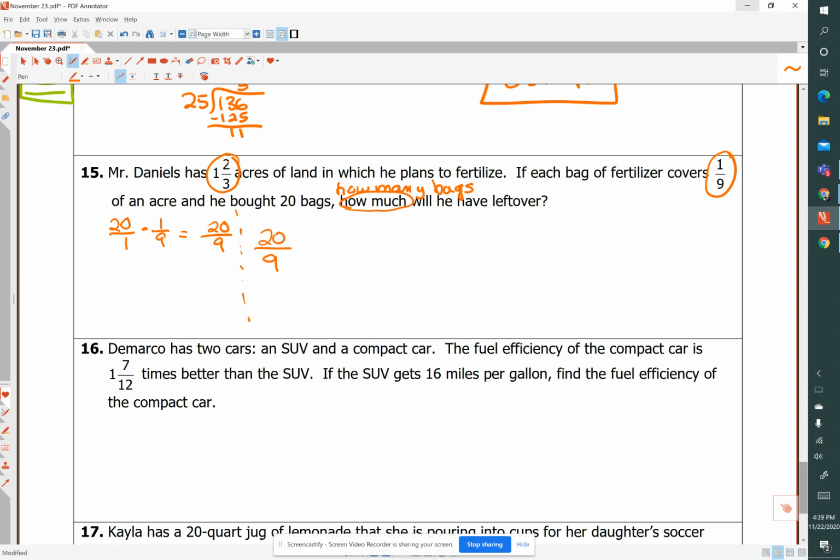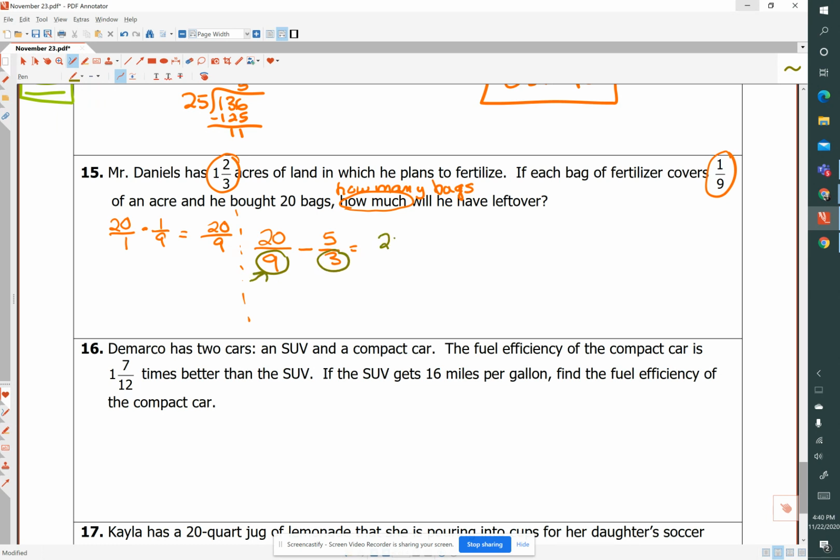So 3 times 1 is 3, plus 2 is 5. So subtracting 5/3. Now, because we're doing subtraction, we need to have a common denominator. So ninths will work for us.